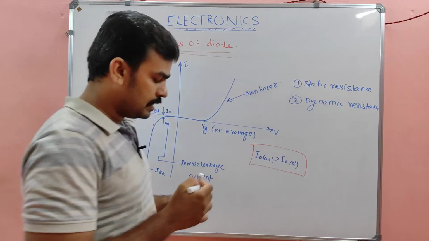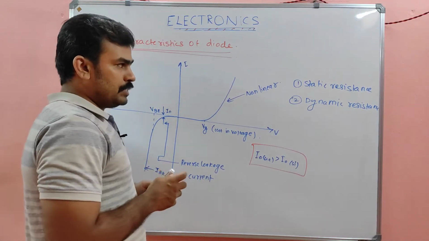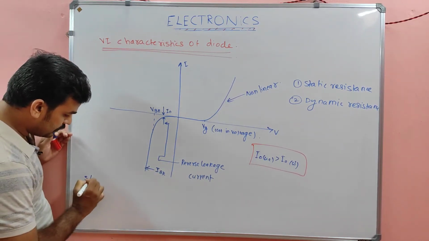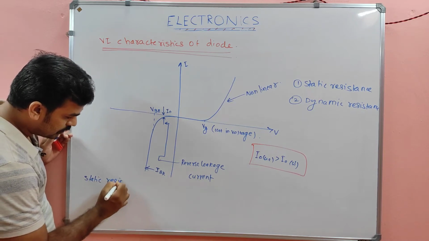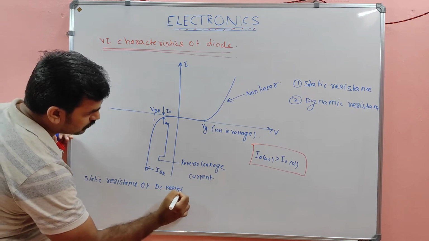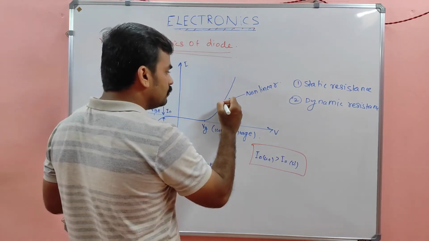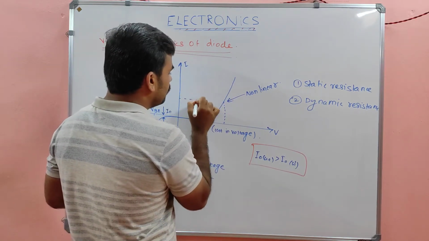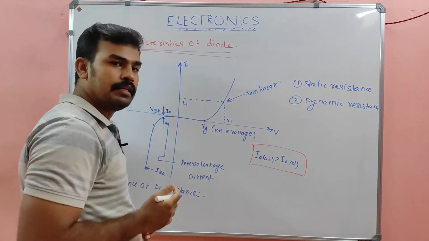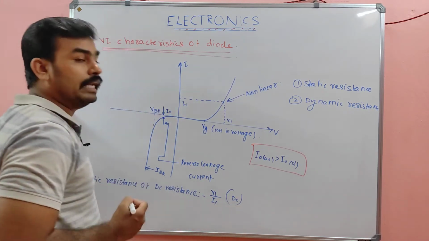Static resistance, or DC resistance, is nothing but a particular value of voltage divided by the particular value of current, say V1 and I1. That is called the static resistance, and of course this is in DC.